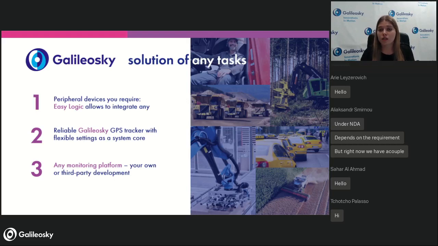That simplifies the integration procedure significantly. Anyway, we are always ready to assist you in the integration process if it's required. Our specialists actively participate in testing of such integrations, so welcome. And finally, the system core is the flexible and reliable GPS controller, which allows to combine the equipment and the software into one system.